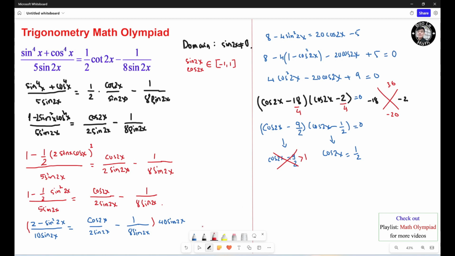So cos 2x = 1/2, which means the angle is pi over 3.